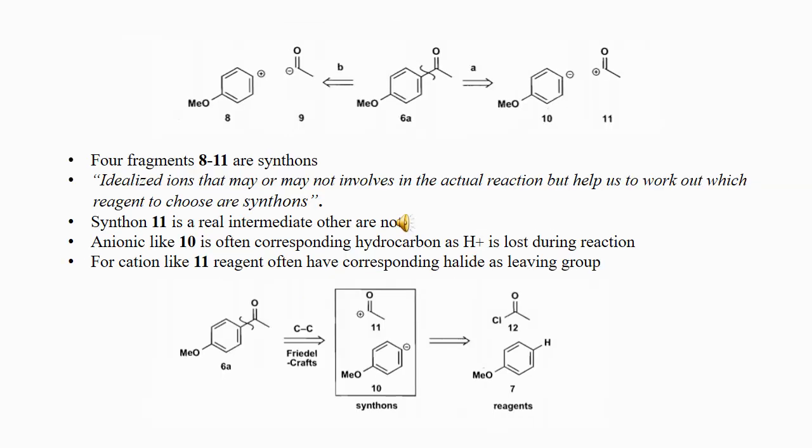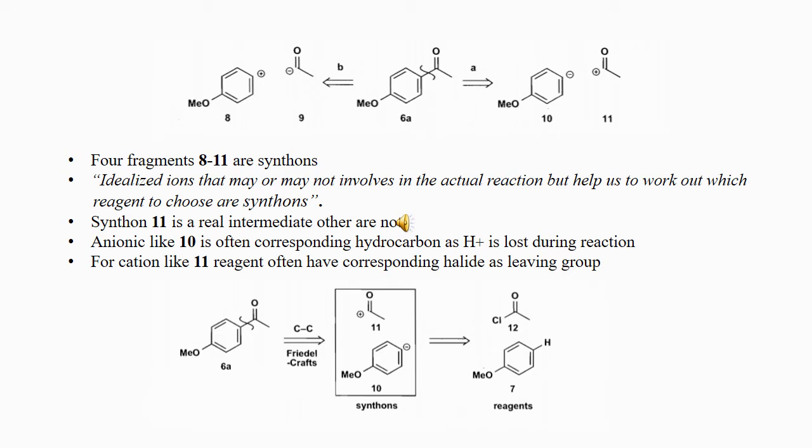So now if we logically disconnect 6A, there can be 2 types of synthons. In one type, disconnection A, from 6A, 10 and 11 have been produced, and in the other, disconnection B, from 6A, 2 synthons 8 and 9 can be imagined.